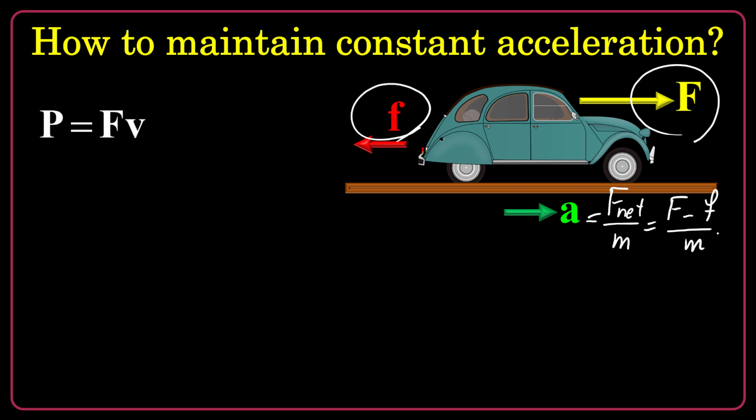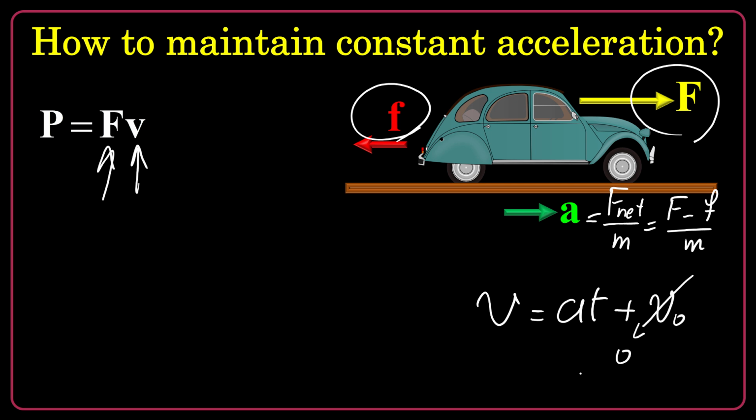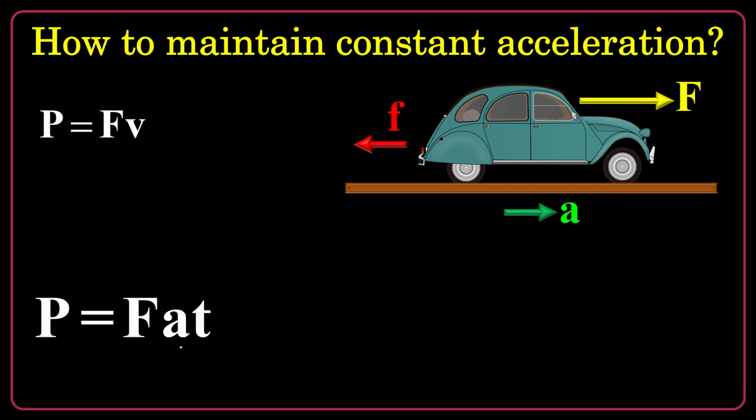The power developed by the forward force is the forward force times the speed. But speed is not constant. The speed is at plus v naught, where v naught is the initial speed. Let's say the car starts from rest. If this is so, the power developed by the forward force is the forward force times acceleration times time. Now we have a very challenging part.